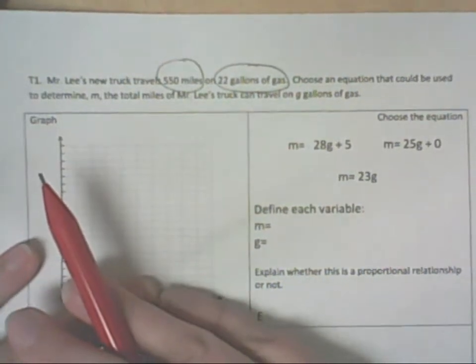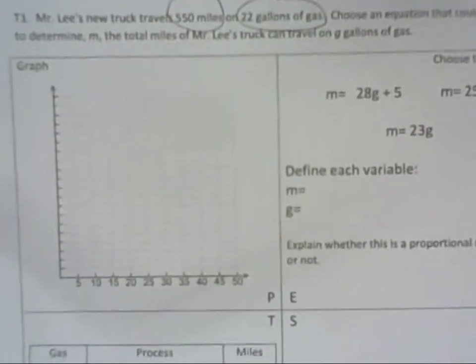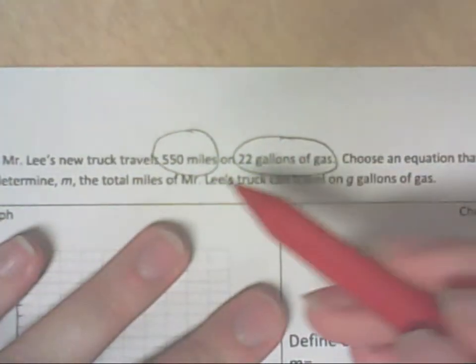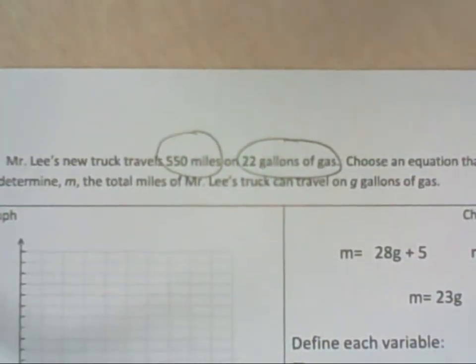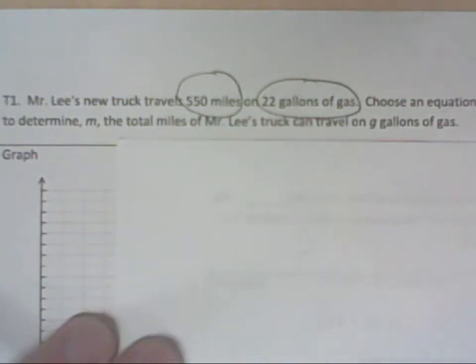Guys, let's go ahead and start this problem by solving the unit rate. What we want to determine is the unit rate. We know that we have 550 miles for 22 gallons. So let's go ahead and solve this.